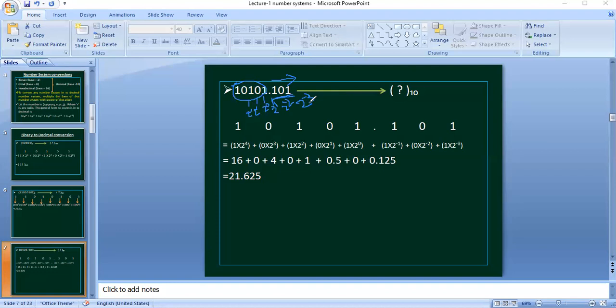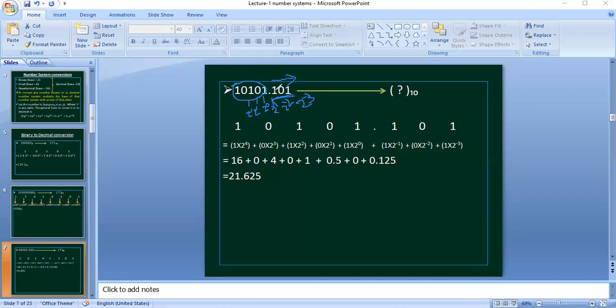That is an additional step, because it contains a fractional part. So these powers start with -1: 2 power -1, 2 power -2, 2 power -3, 2 power -4, and so on.